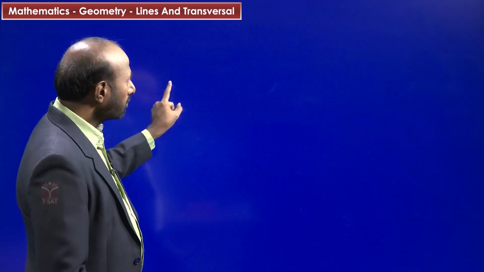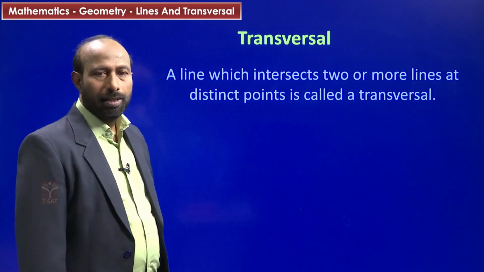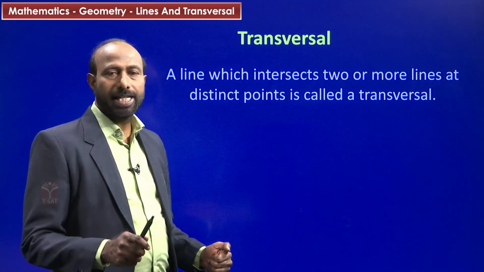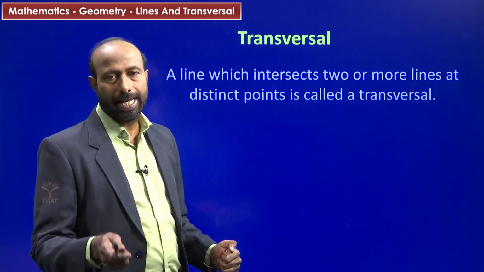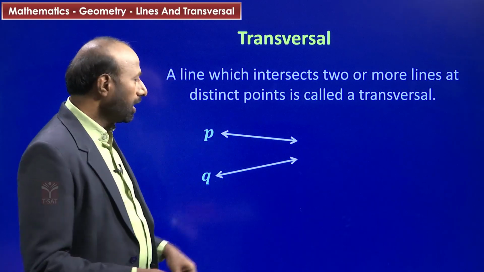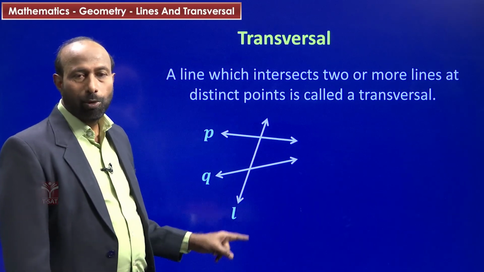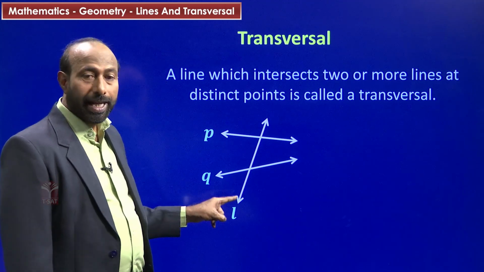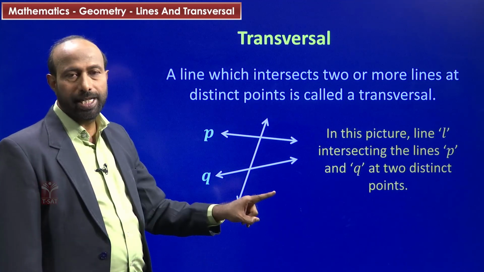Next, transversal. A line which intersects two or more lines at distinct points is called a transversal. Here we can see two lines, P and Q, and we have one more line, L. L is intersecting the lines P and Q at two distinct points.